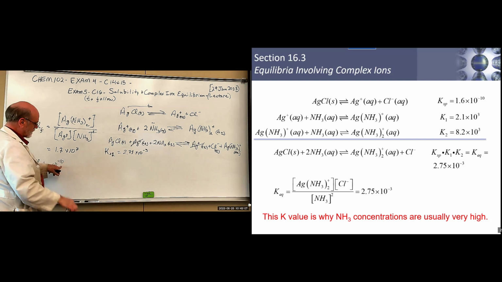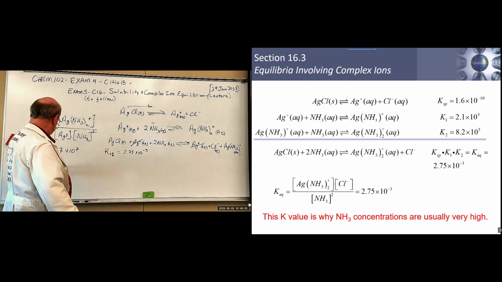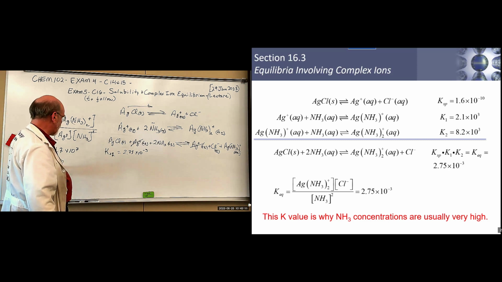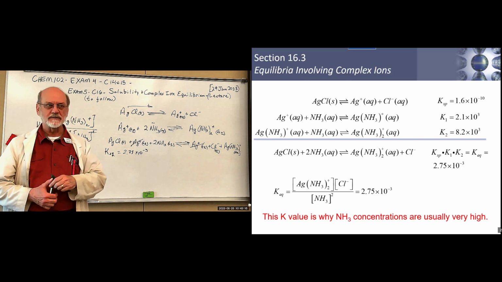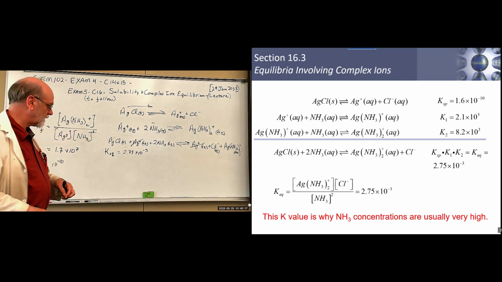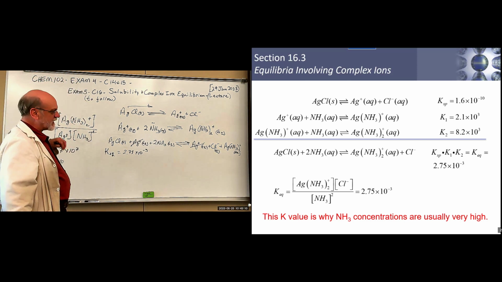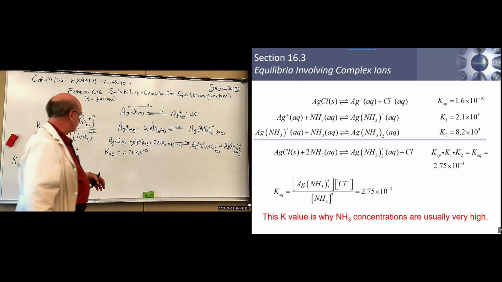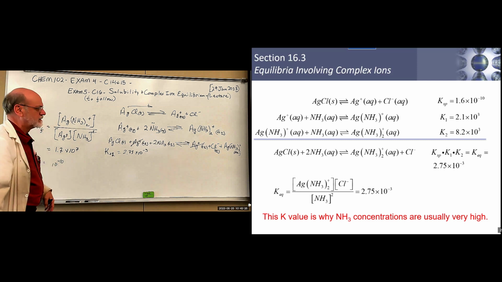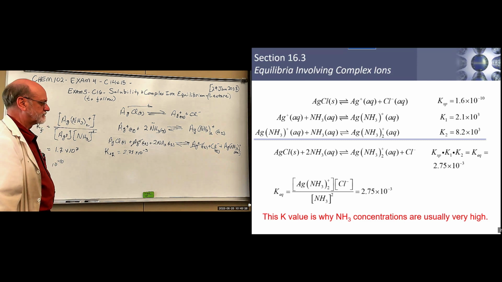So we've increased the K value for this reaction by 7 orders of magnitude. And if we actually want to get all of the silver in solution, we need a very high ammonia concentration.